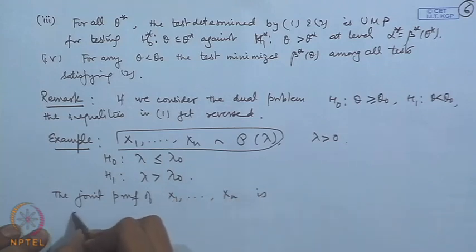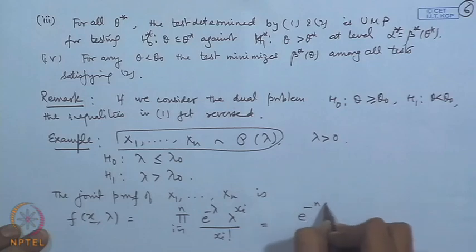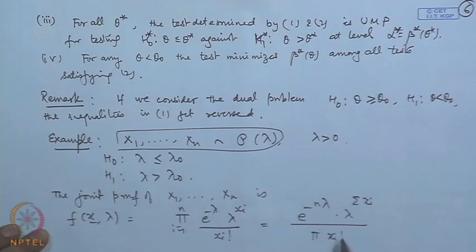We write it as f(x, λ) = product over i = 1 to n of e^(−λ) λ^(xi) / xi!, that is equal to e^(−nλ) λ^(Σxi) divided by the product of xi!.